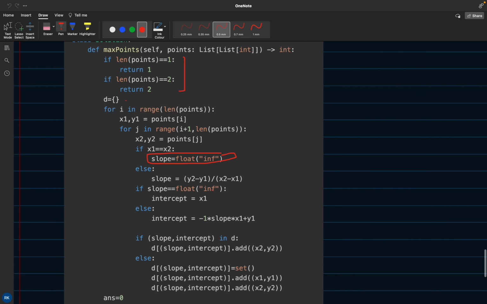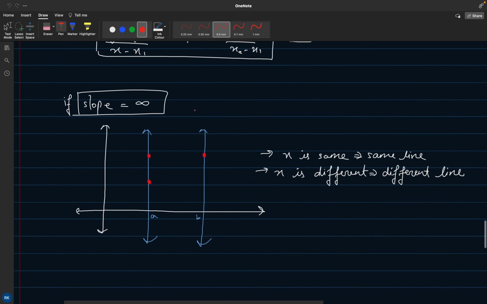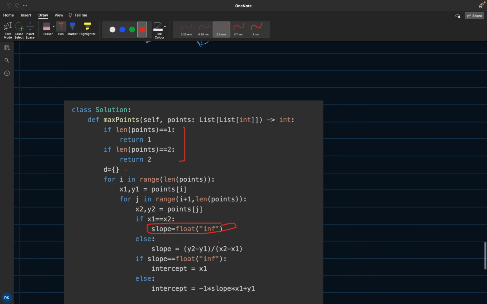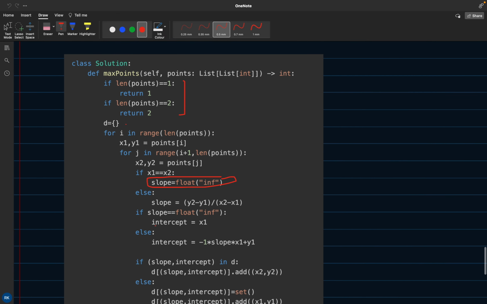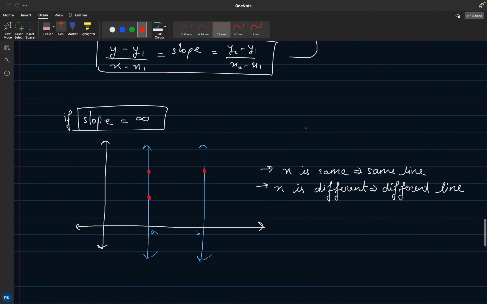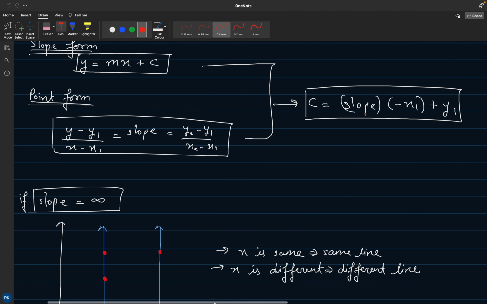Now if my slope is infinite, I'm storing my x value in place of the intercept. So my intercept will be x1. Otherwise I am storing my intercept using this above formula, c is equal to slope into minus x1 plus y1.